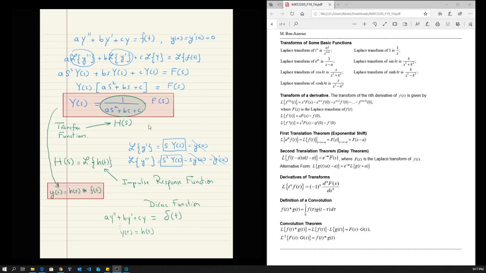So in real life, engineers use this to their advantage, because the way they look at it is, if I want to get a solution for any given driving force, it basically boils down to taking the solution h of t, which is the impulse response function.